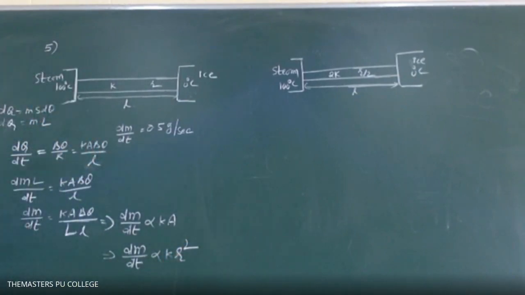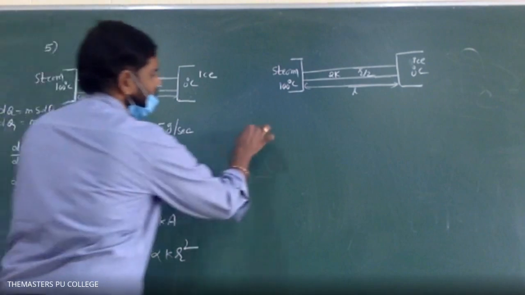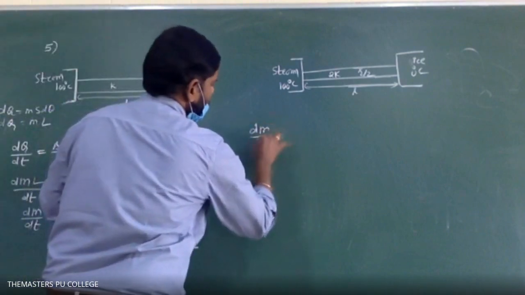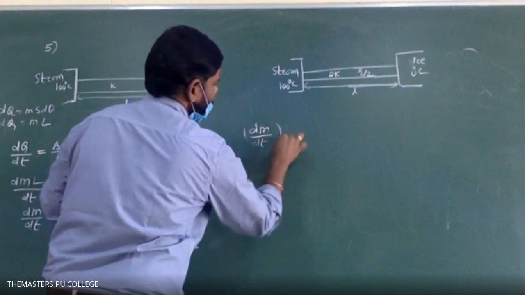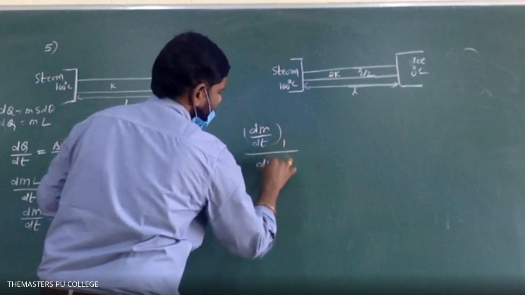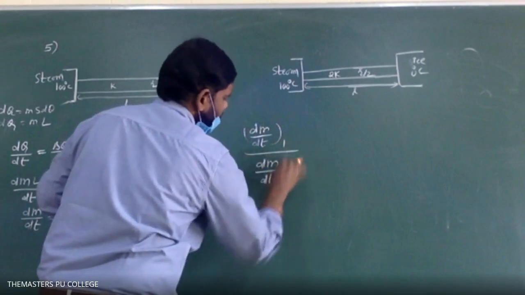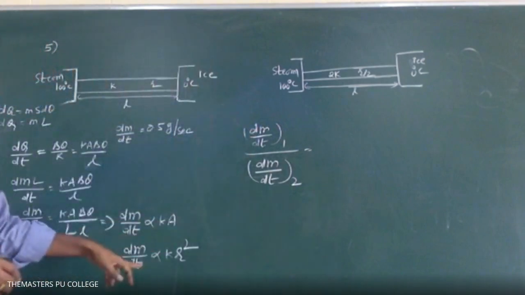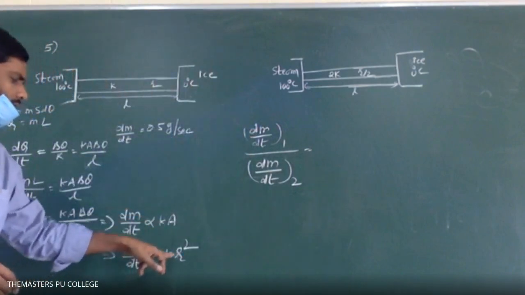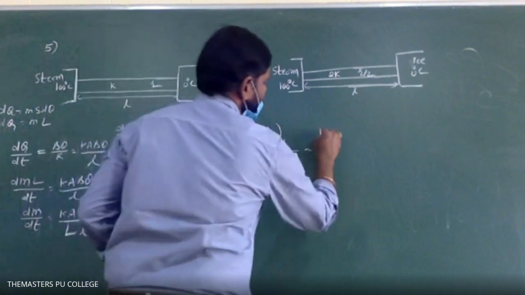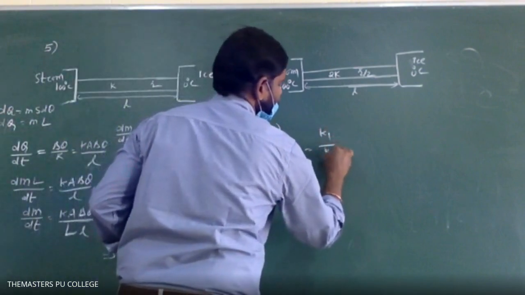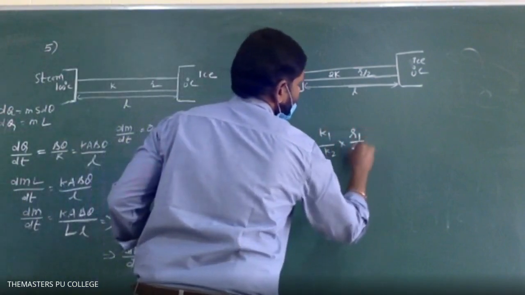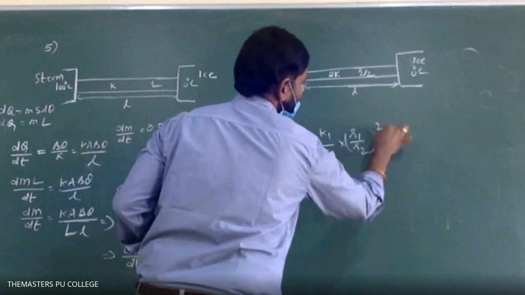Okay? Now observe this one: dm by dt of the first rod divided by dm by dt of the second rod equals k r square. Then I can write k1 by k2 into r1 upon r2 whole square.